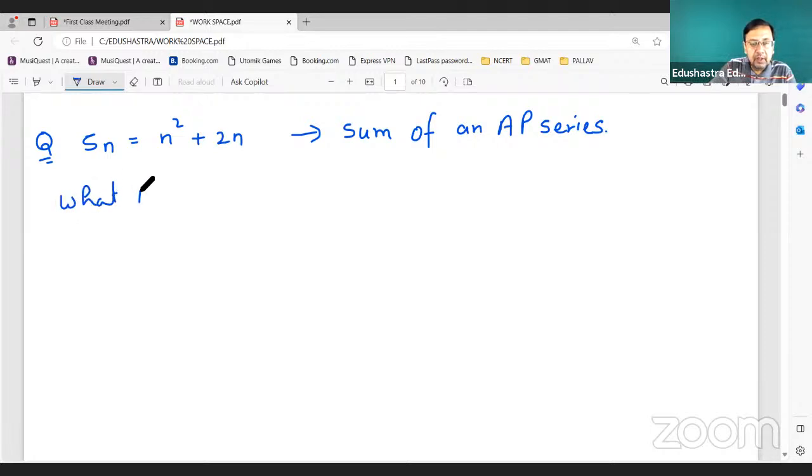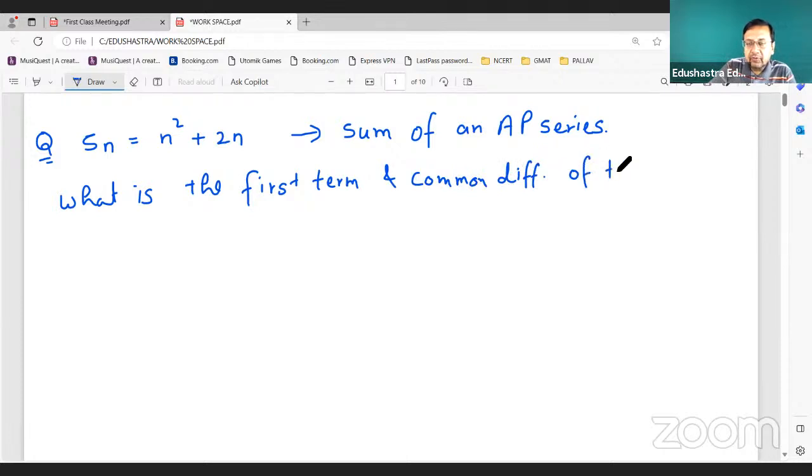What is the first term and common difference of this AP?